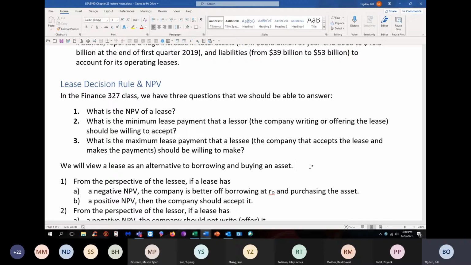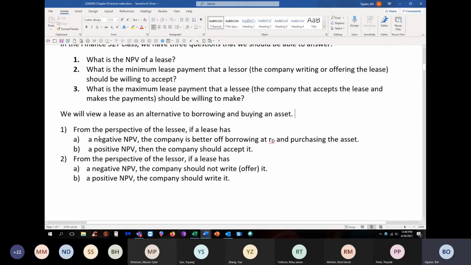So if you don't mind an automobile which isn't perhaps your first choice but is somewhat slow moving, you could write a lease that might be very attractive. All right. So it's an alternative to a loan and buying the asset.